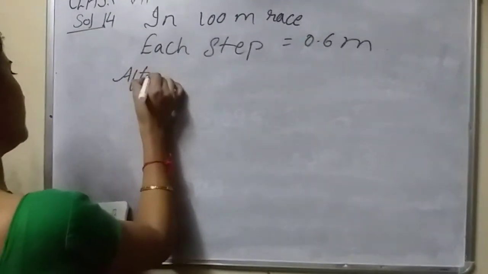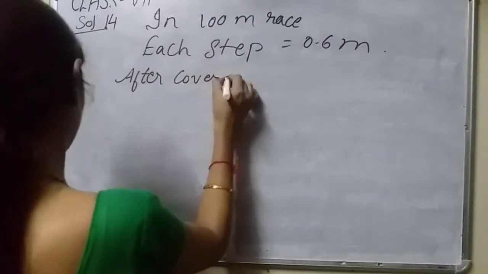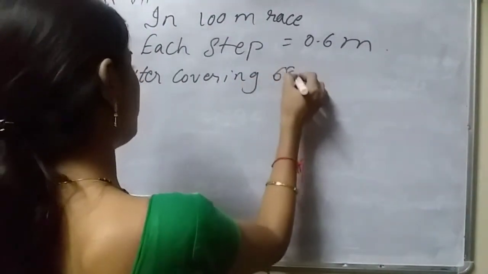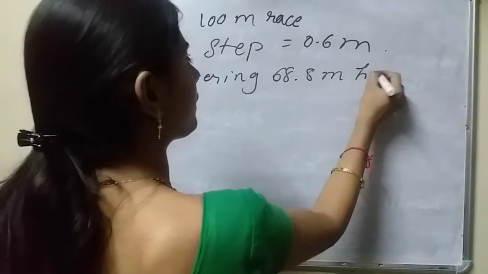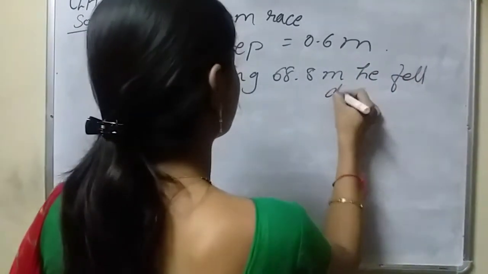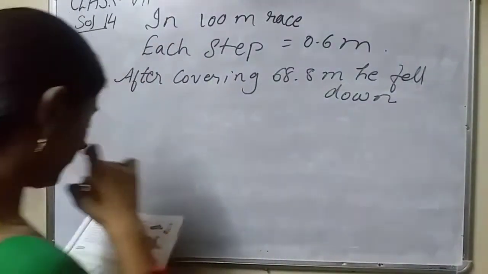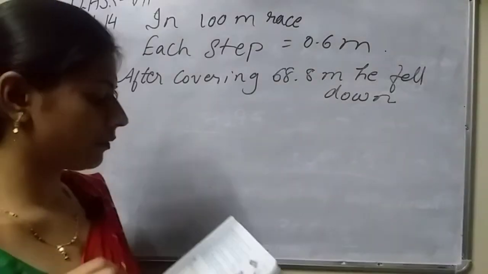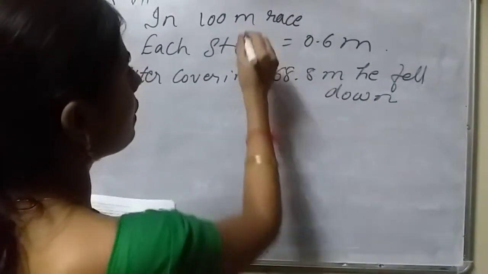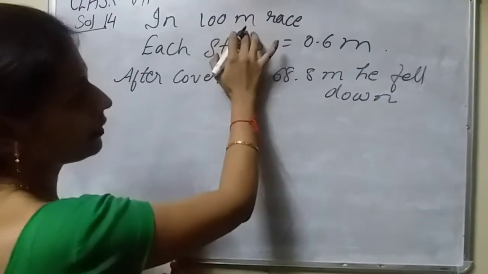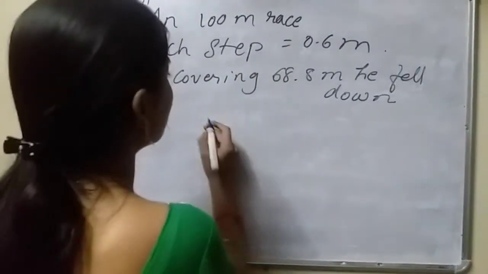After covering 68.8 meters, he fell down. In 100 meter race, how many steps are remaining?